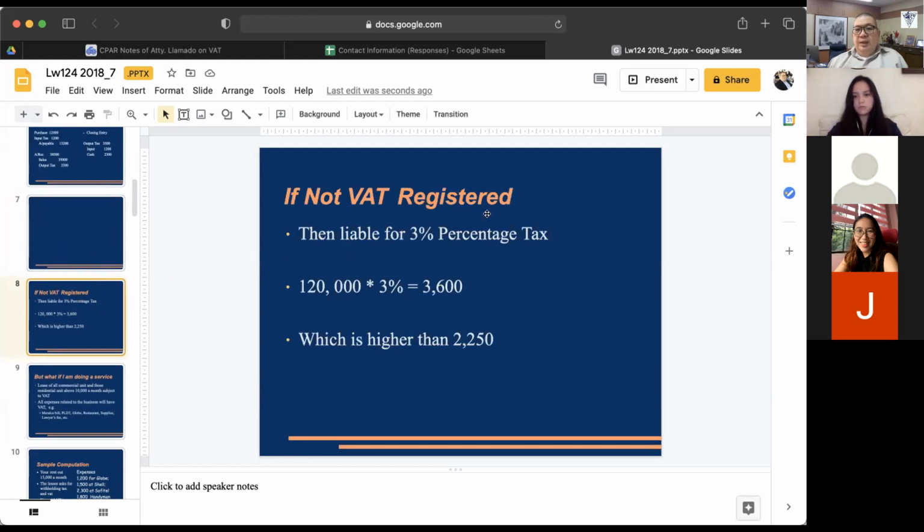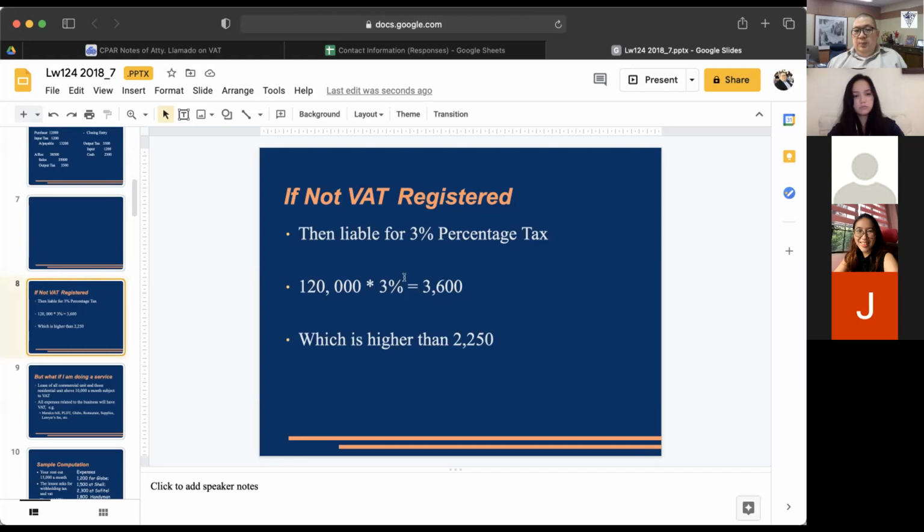If you are not VAT registered, you are liable for 3% percentage tax. That is the previous rule. The percentage tax is reduced now to 1% from July 1, 2021 up to June 30, 2023. Okay.